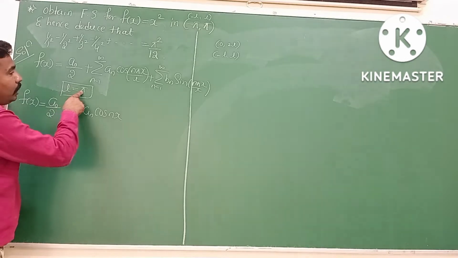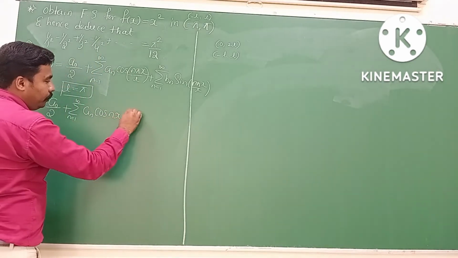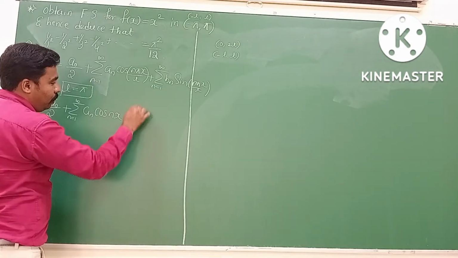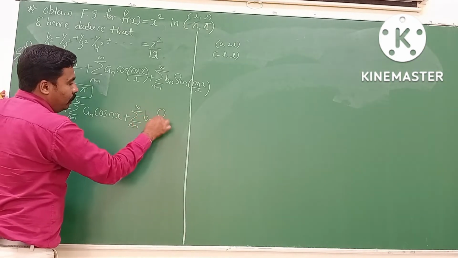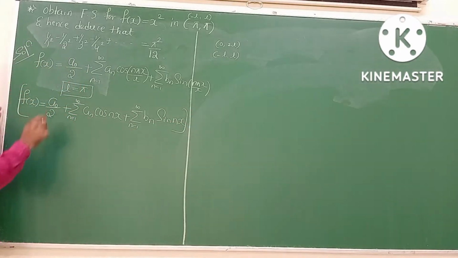Because if I replace L equal to pi here, pi and pi will cancel, only cos nx. Plus summation n equal to 1 to infinity bn sin nx. So this is our required Fourier series for the given problem f of x equal to x square. Now we have to find these Fourier coefficients a naught, an, bn using Euler's formula. So we'll go one by one.